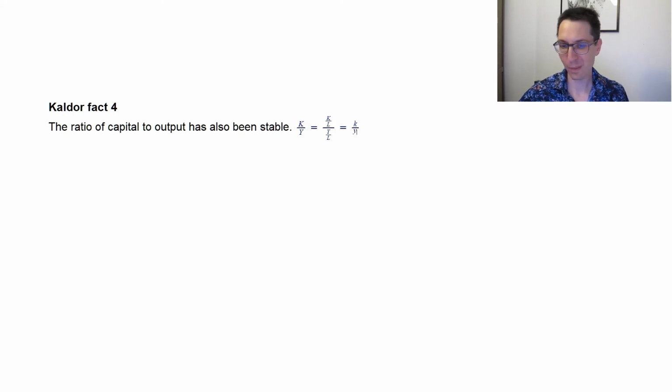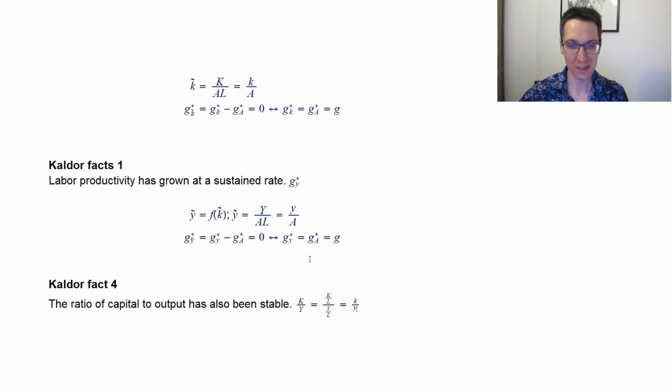And what do we know about how small k and small y evolve on the balanced growth path? Well, the growth of small y is g, and the growth of small k is g as well. So since both grow at exactly the same rate, their ratio is never going to change. It's always going to be multiplied by the same number. So we know that they are exactly going to be stable. So that was an easy one. Now we go to the more complicated ones.